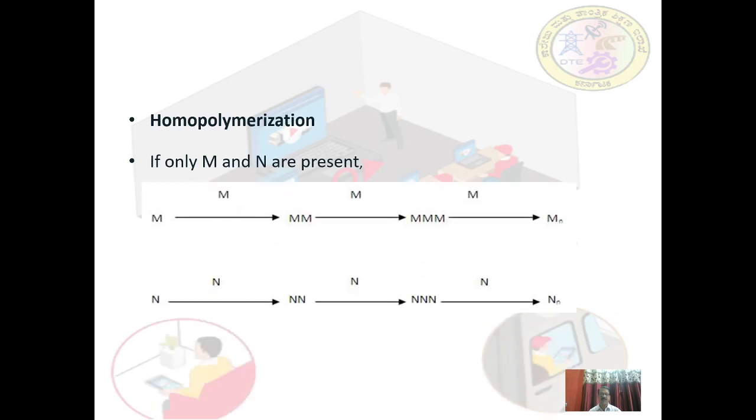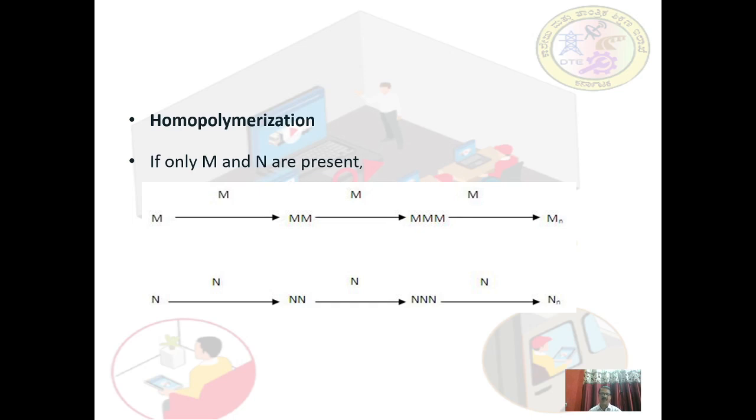You can see this M monomer reacts with another M monomer, gives a dimer MM. To this dimer, a third monomer is added, you get a trimer MMM. This continues until a polymer chain of M monomer results.